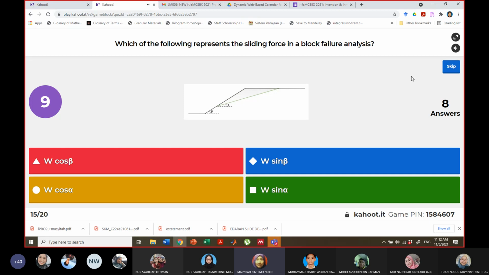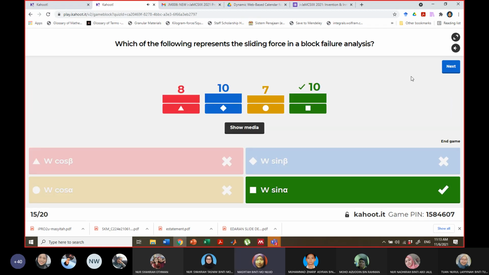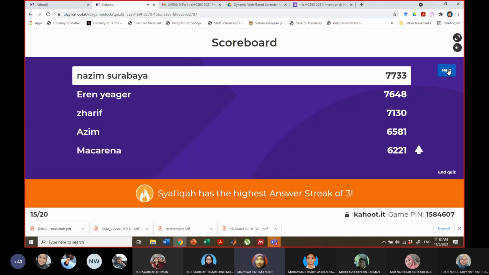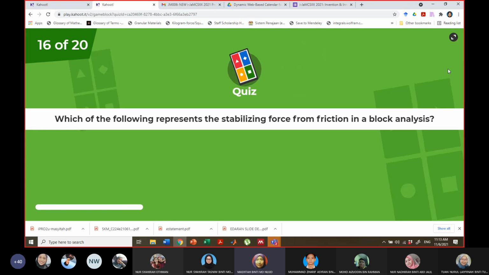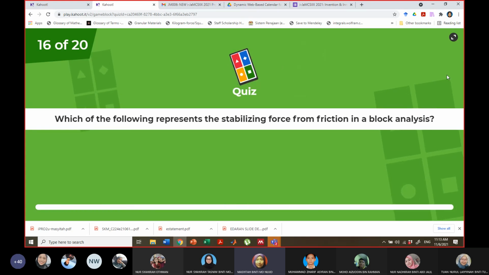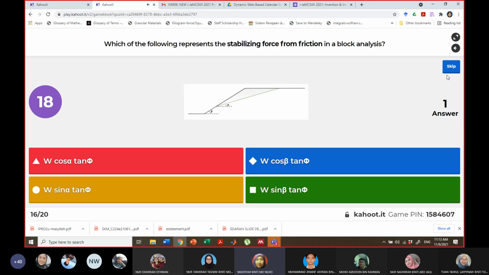We only have eight answers until this moment. Okay, W sin alpha. Okay, good try. Which of the following represents the stabilizing force from friction in block analysis? Okay, this is a postgraduate level question.